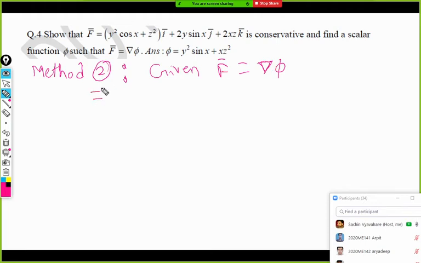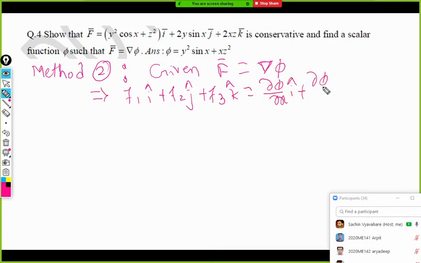That is nothing but f1 i cap plus f2 j cap plus f3 k cap is equal to del phi, meaning dou phi by dou x i cap plus dou phi by dou y j cap plus dou phi by dou z k cap.